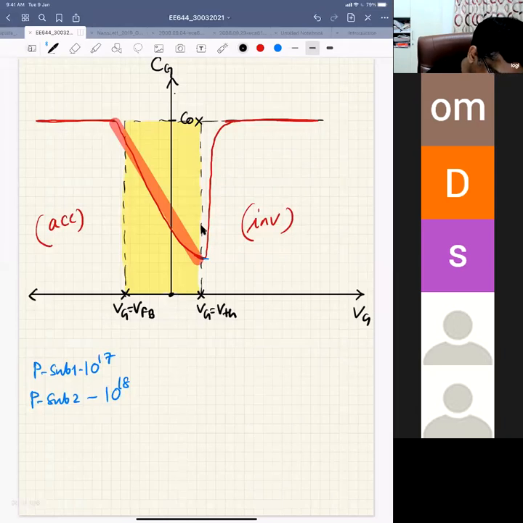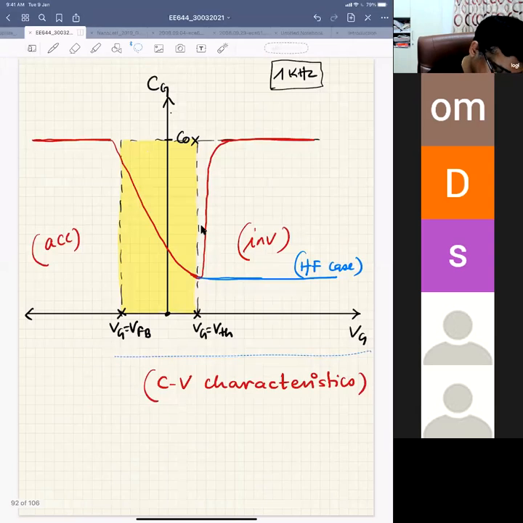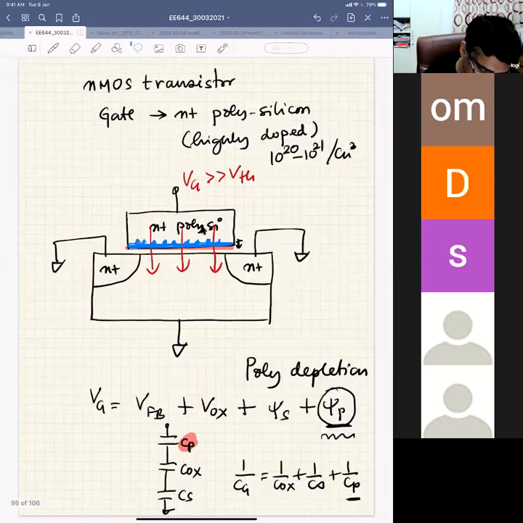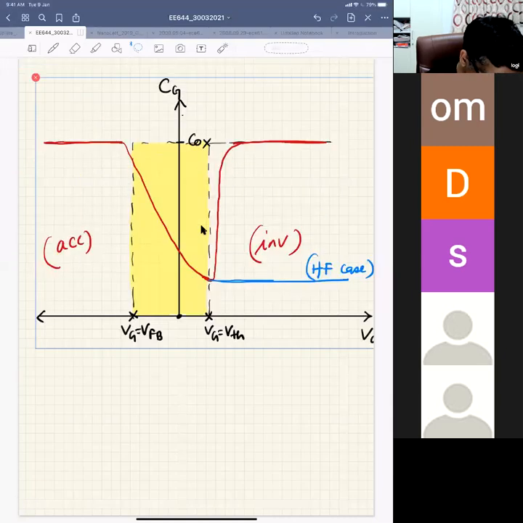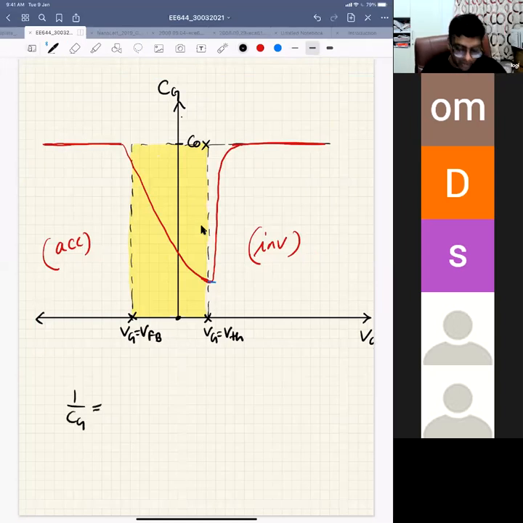I'll just show it. I'll copy this one. So your 1 by CG, when you're talking about very high gate voltage, VG greater than VTH, will be 1 by COX plus 1 by CS plus 1 by CP.